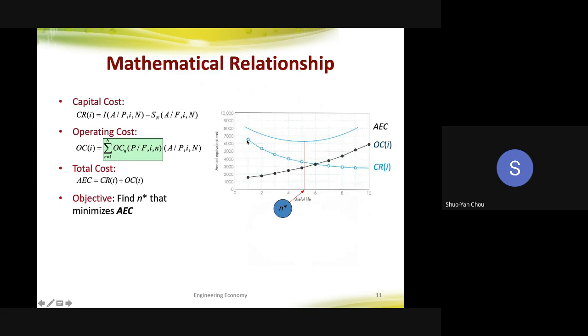This has a diminishing reduction. This has increasing additional cost. So we know that at a certain point, the total cost will stop coming down and start going up. So that's what we need to balance.